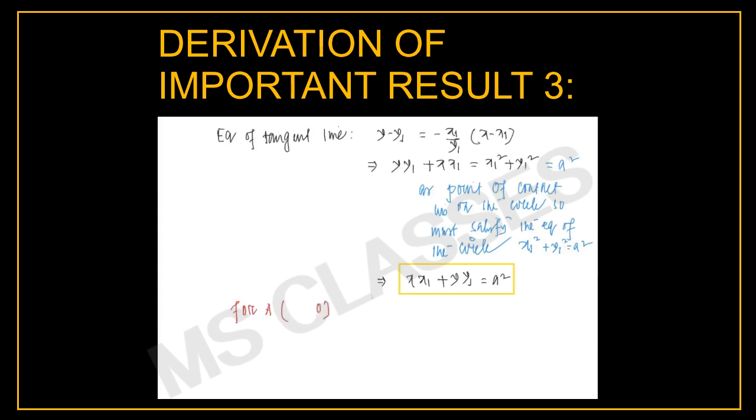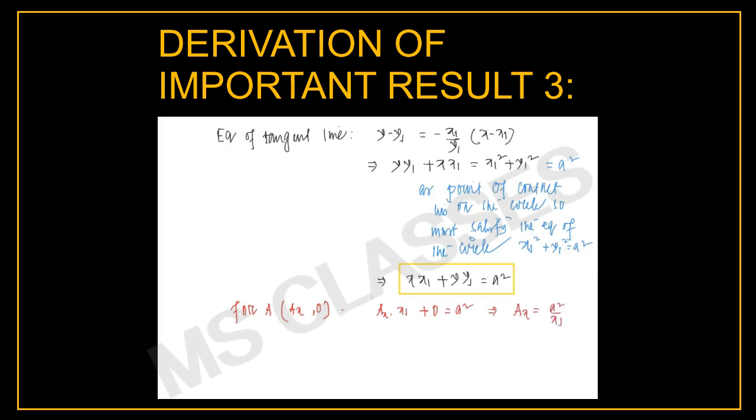So if we put 0 here, we'll get the abscissa of A. So x into x1 plus 0 equal to a square. Now this gives us the abscissa of A equal to a square by x1.